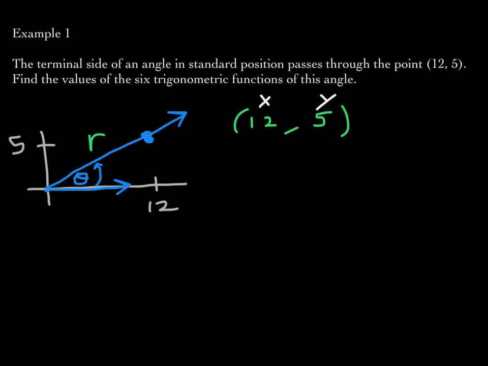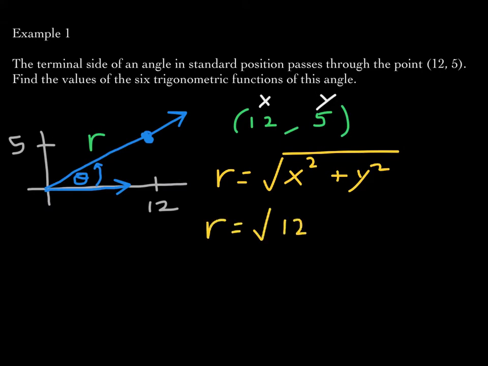Okay? So, in order to find r, we can use this formula, right? R is equal to the square root of x squared plus y squared. Remember that from the definition. So then, in this case, r is equal to the square root of 12 squared plus 5 squared. That is, r is equal to the square root of 144 plus 25.